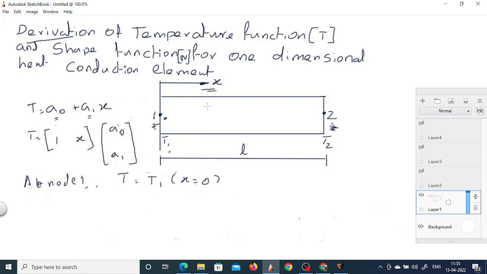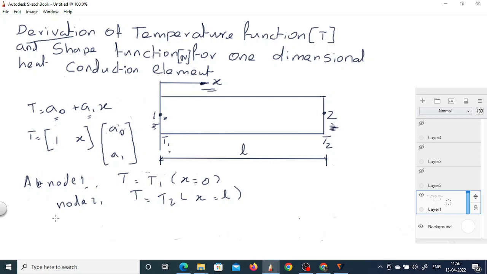The x started from 0 and ended with L, so the length of the bar is L. What about node 2? At node 2 the temperature is T2, and the node 2 has the length L, so x equal to L. Likewise, I can get the parameter values from this bar.